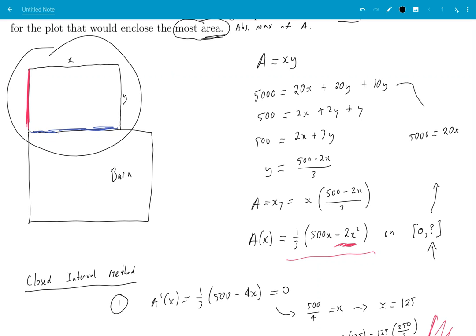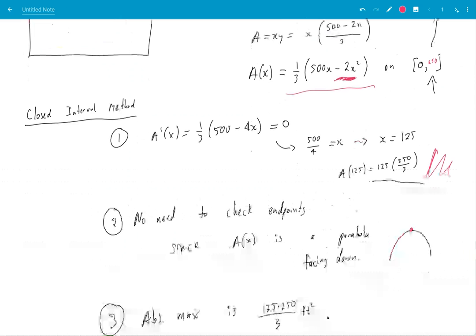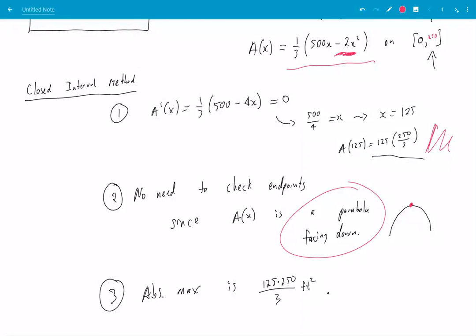If I set y equal to 0 in this equation, that's the largest x could be. So x would be 250 feet. So if you were so inclined, you could reason like that. But that was not necessary because I noticed that the parabola was facing down.